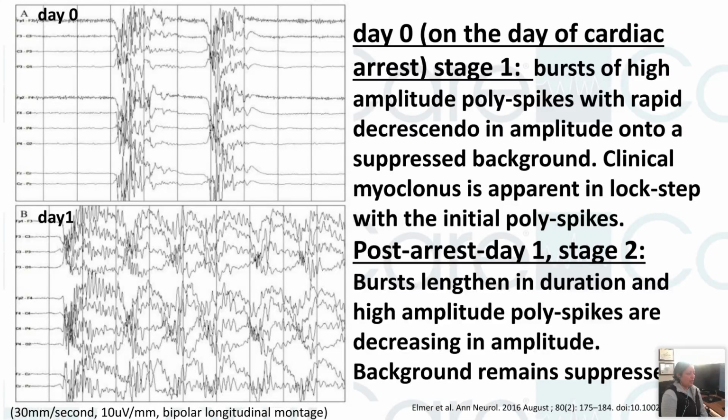Day one, the patient is still showing near continuous kind of these discharges, but the background is still suppressed. So here we see the duration of these discharges are increasing and the voltage is kind of gradually decreasing.